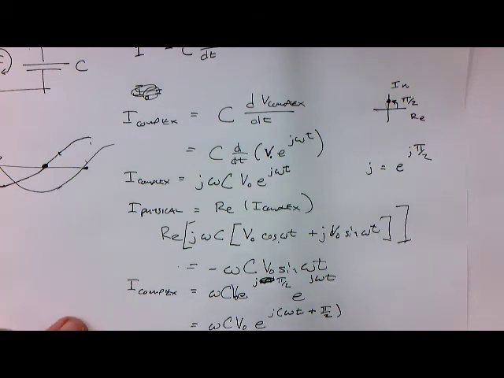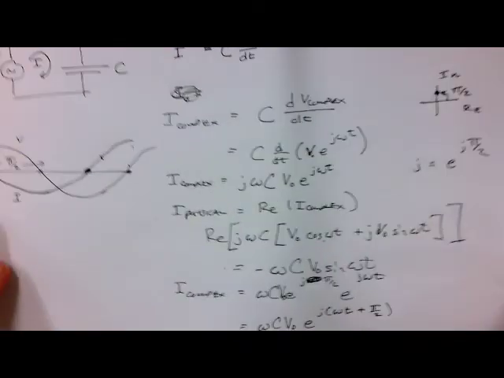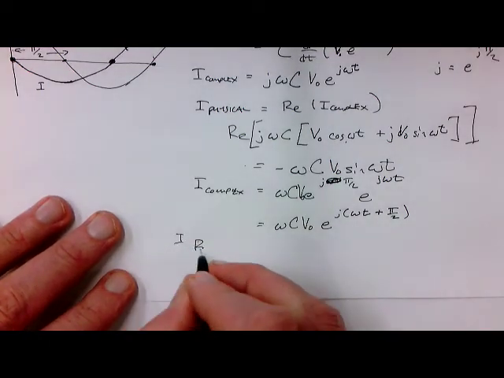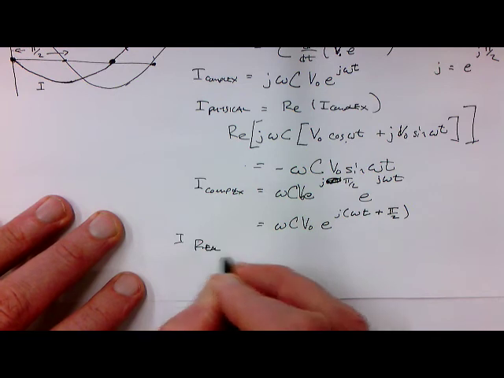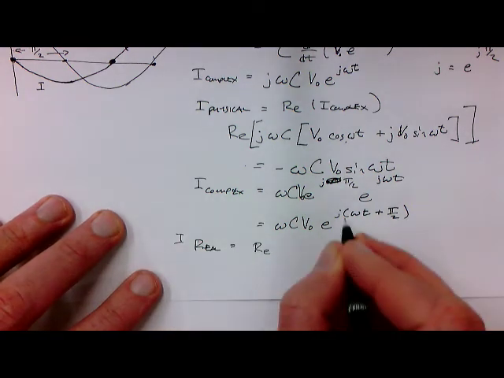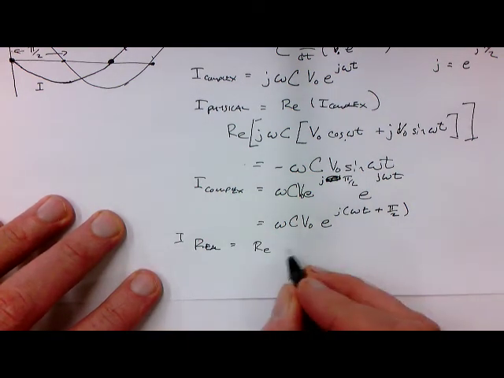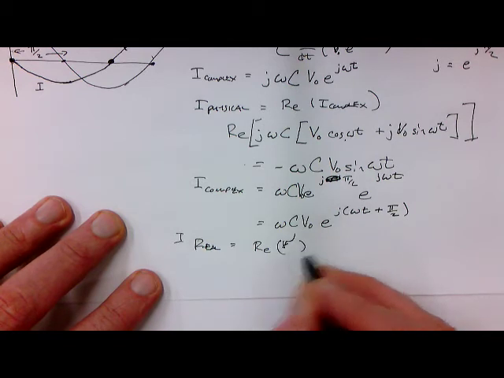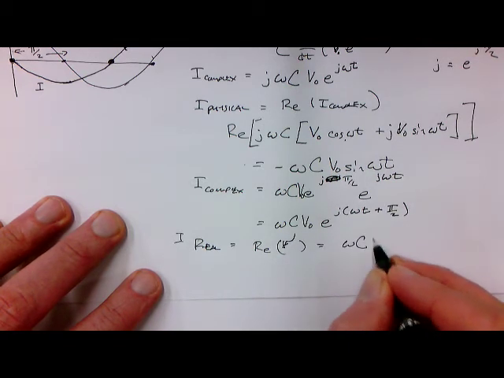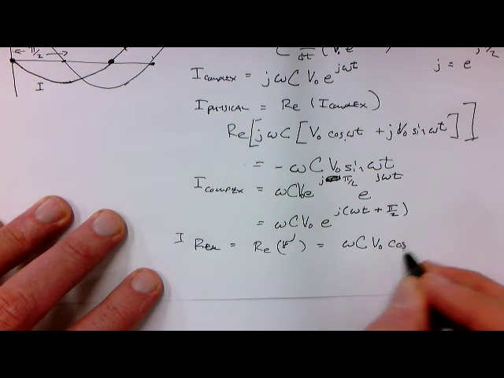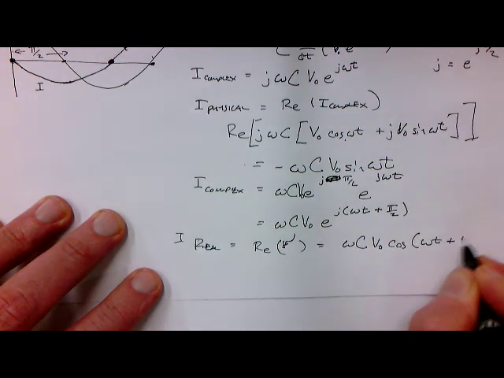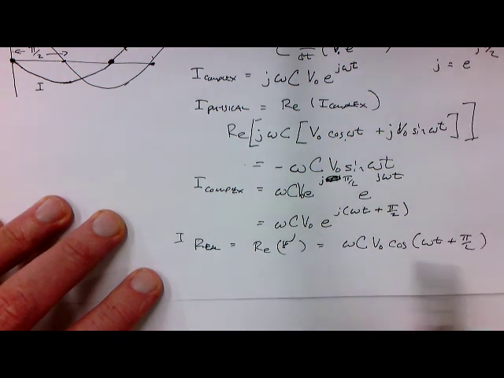So another way I could write my real current: the real part of this is omega times c times v naught times the cosine of omega t plus pi over 2. And of course, the cosine of something plus pi over 2 is the same thing as negative the sine.